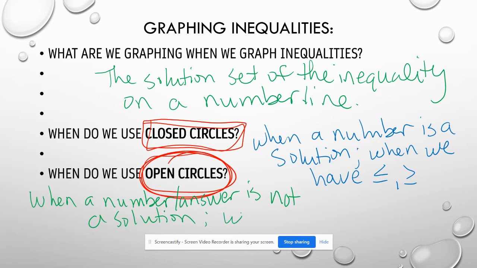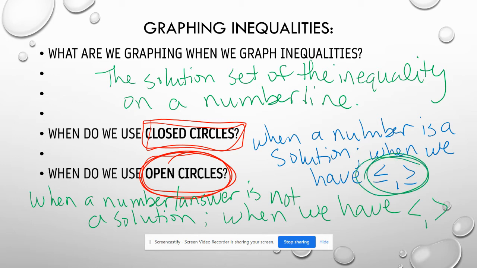If you're looking at the symbols themselves, then it would be when we have less than or greater than. So closed circles are when they're equal to, open circles are when they're not equal to.